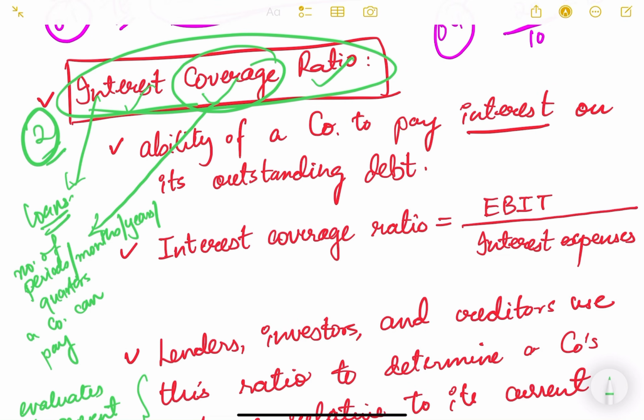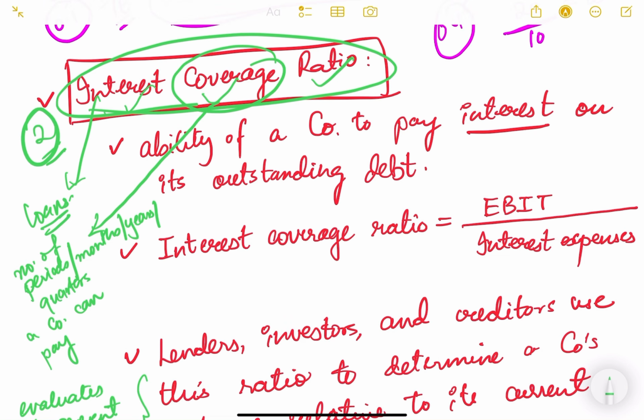If my interest coverage is 10 months, that means I can pay up to 10 months. I have that much money, which will be sufficient for me to pay for 10 months. So the higher the interest coverage ratio, it means that you have more ability to pay, right? You have the ability to pay for a longer period. So, interest coverage ratio.